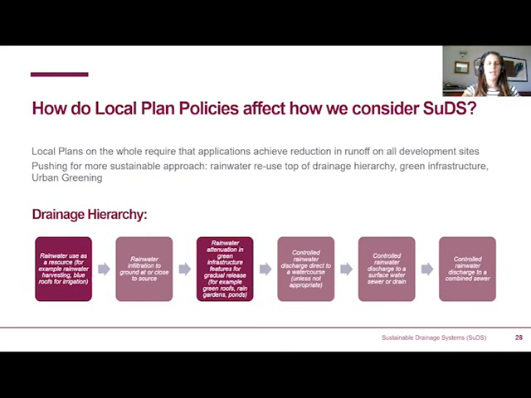This is because it involves reuse of rainwater for useful purposes on a site, which could involve, for example, water for washing machines, flushing toilets, or irrigation for new planting. After rainwater use, the most sustainable is infiltration, as already discussed, and then discharge into a surface water course or into the sewer as the last option.